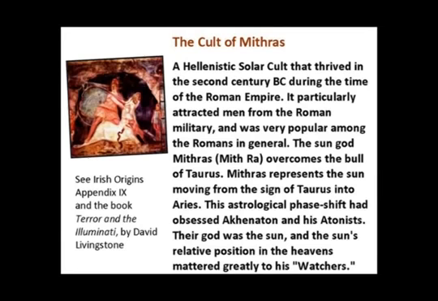This astrological phase shift had obsessed Akhenaten and his Atenists. Their god was the sun, and the sun's relative position in the heavens mattered greatly to his watchers. We can refer you to the Irish Origins Appendix number 9 and to the book Terror and the Illuminati by David Livingstone that explores these other sun cults.